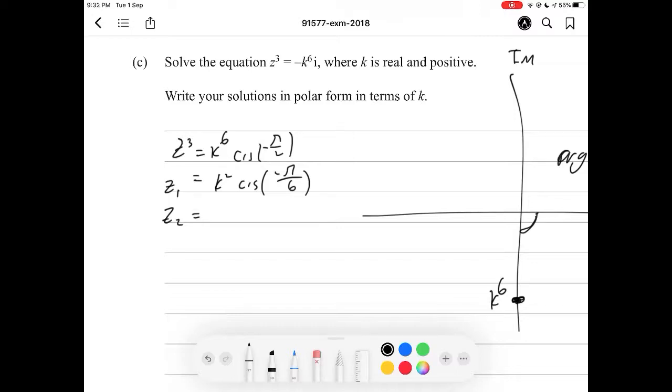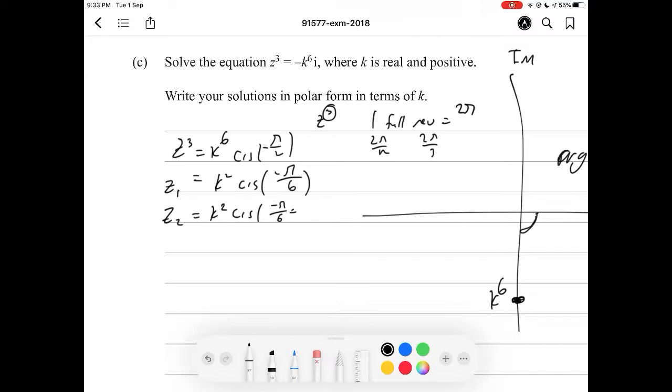Our second solution: our modulus stays the same, and our angle is added. So for z to the power 3, one full revolution equals 2 pi, so one part of z will just be 2 pi over n, but n is equal to 3 in this case, so that's 2 pi over 3.